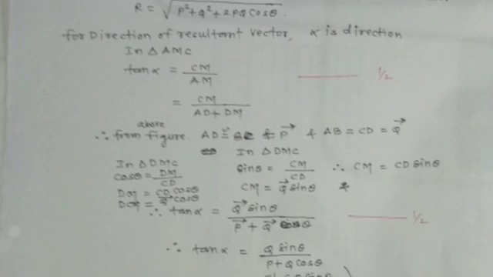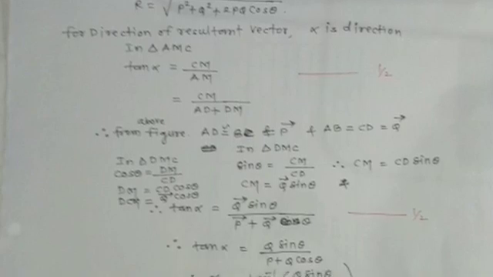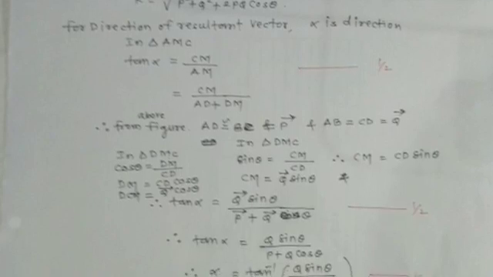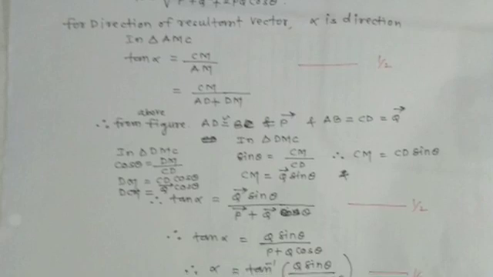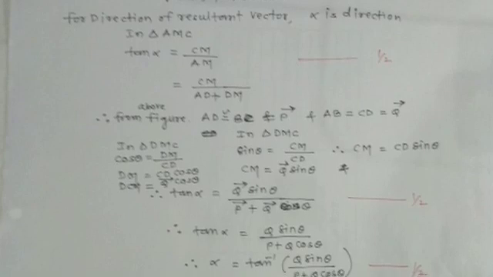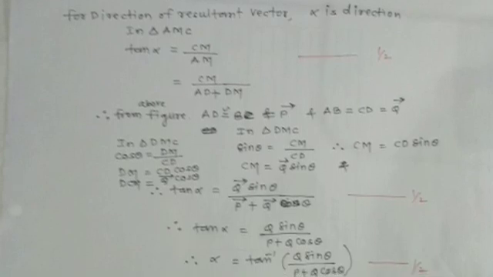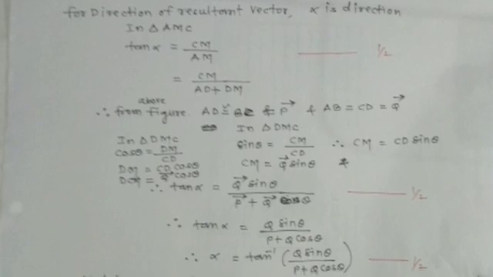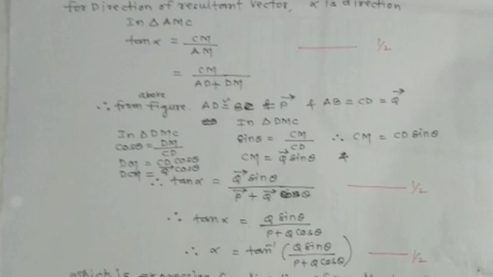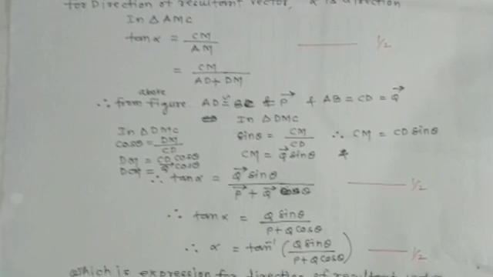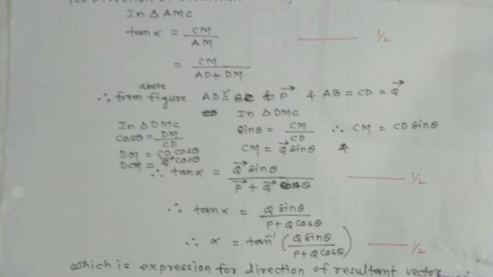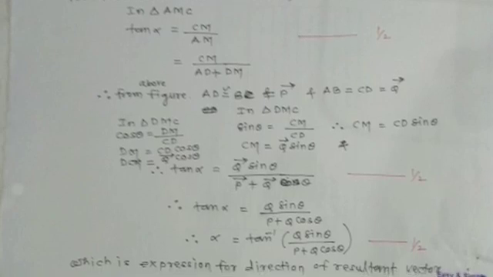Here AM is the sum of AD plus DM, whereas AD, which is equal to BC, is vector P, and AB, which is equal to CD, is vector Q. In triangle DMC, cos theta is equal to DM upon CD, so DM equal to vector Q cos theta, whereas sin theta equal to CM upon CD, so CM equal to vector Q sin theta.